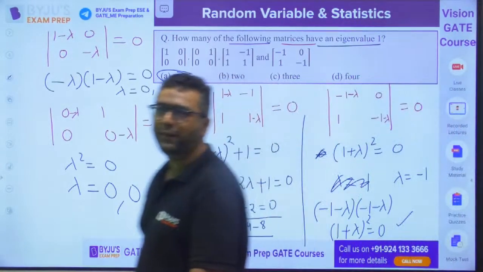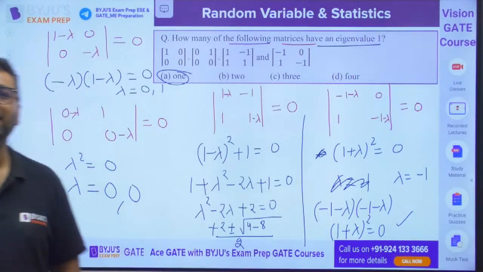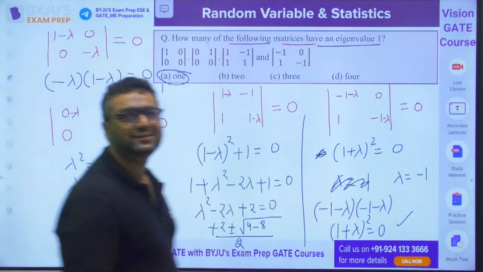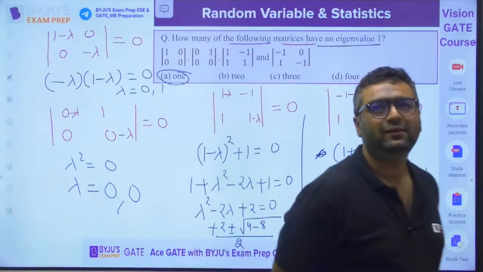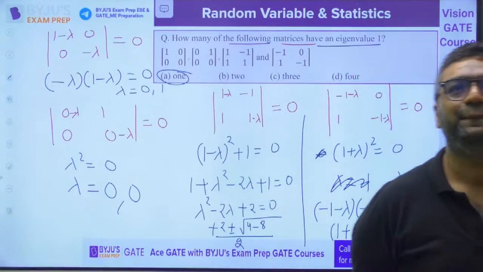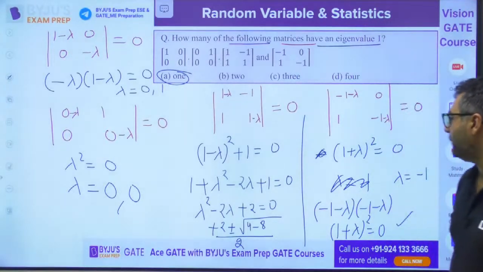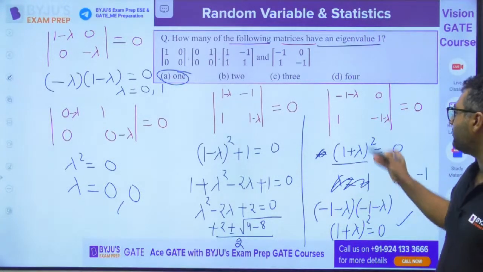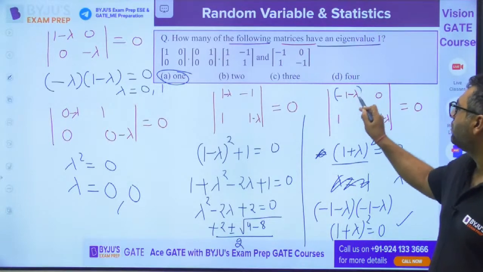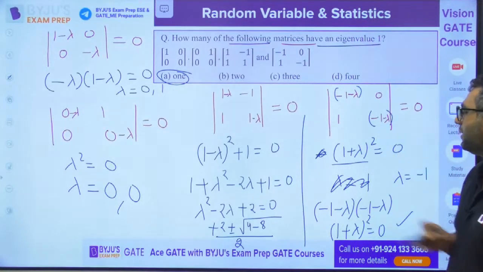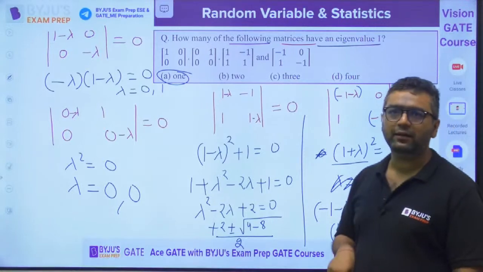Please tell me. This is 1 plus lambda, because it is minus 1 minus lambda, minus 1 minus lambda. Is it clear?